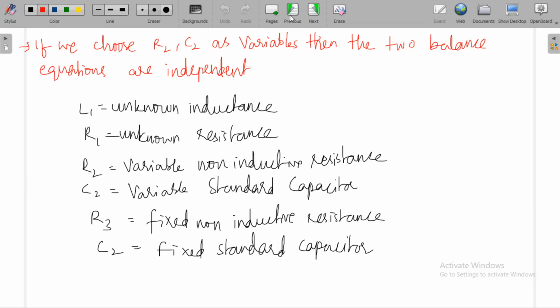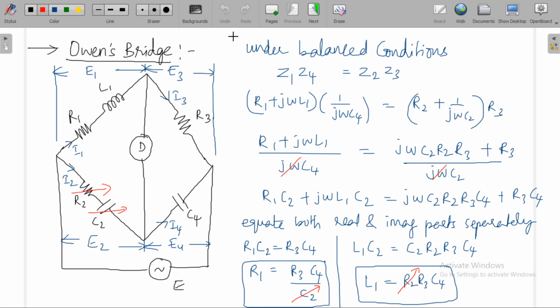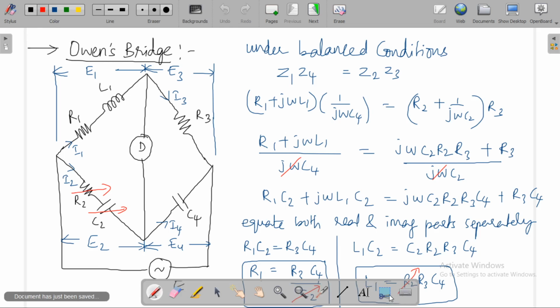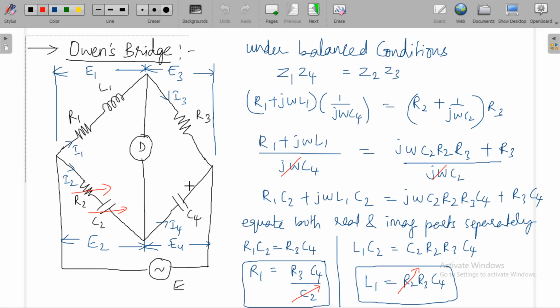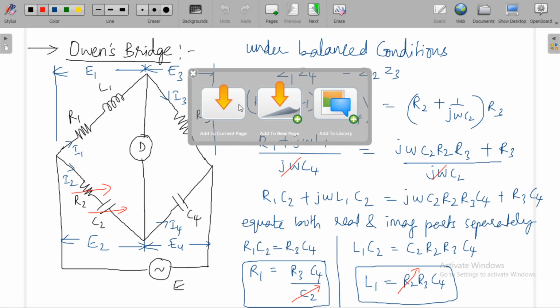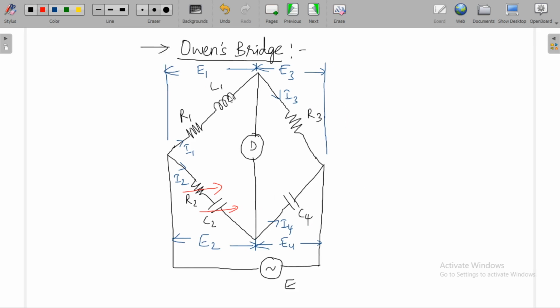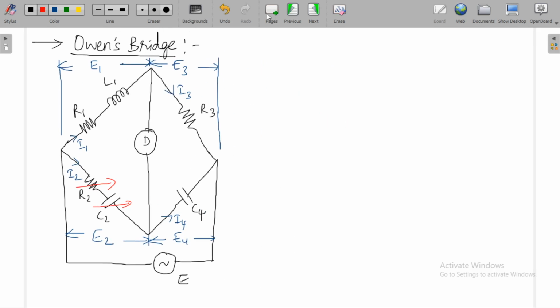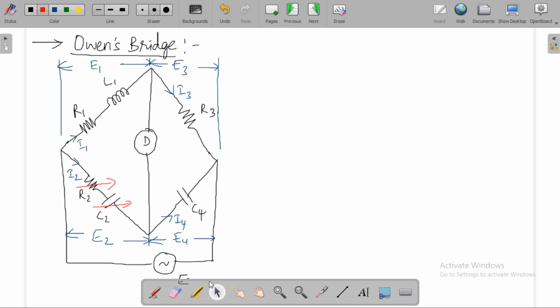Now let us draw the phasor diagram. Let me take current I1 as the reference vector.